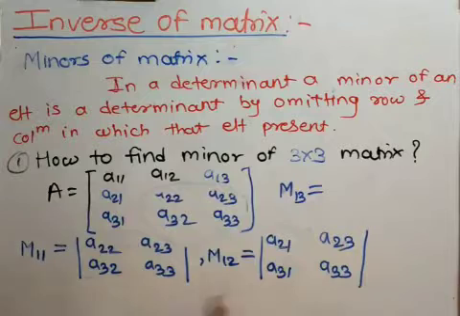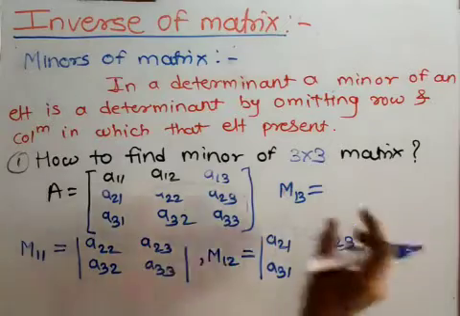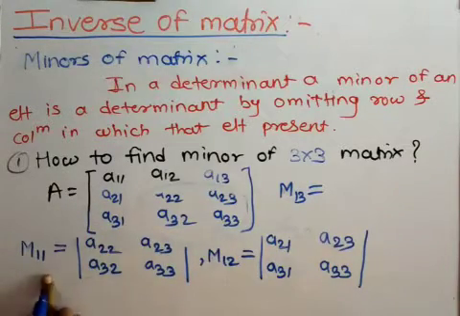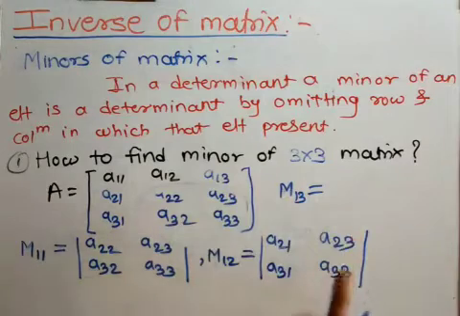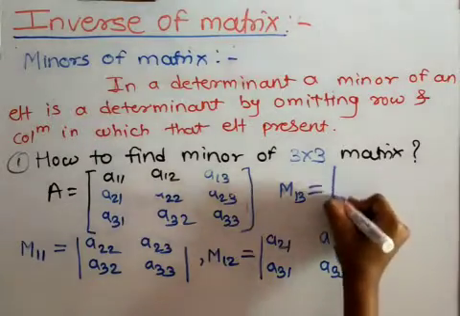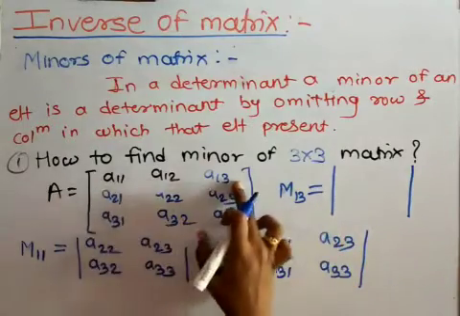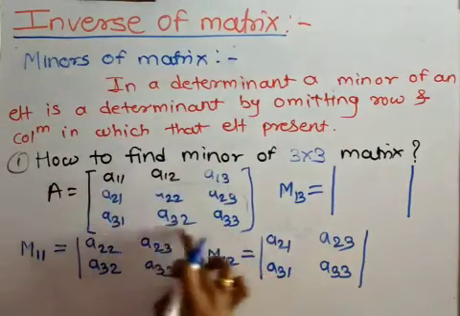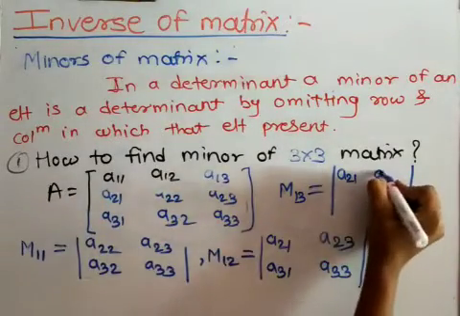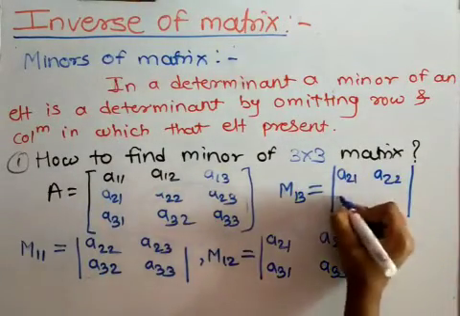In the last example we had a 2 by 2 matrix, so we found only M11, M12, M21 and M22. For a 3 by 3 matrix, we want to find M11, M12, M13, M21, M22 and so on, for each entry of matrix A. Okay, so for minor M13, we neglect the first row and third column. So the remaining part is this. This is our minor M13.